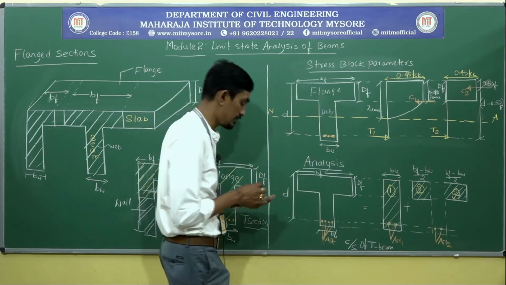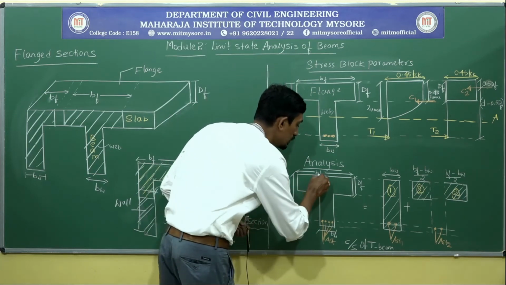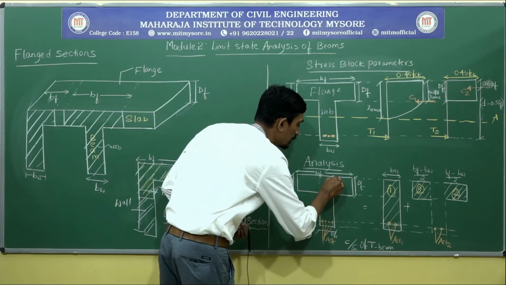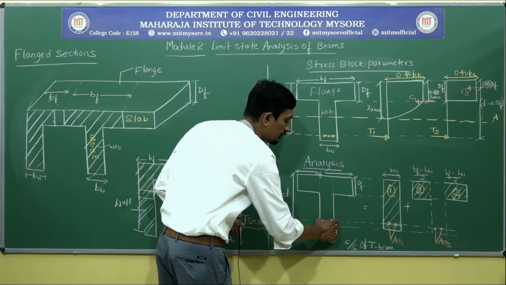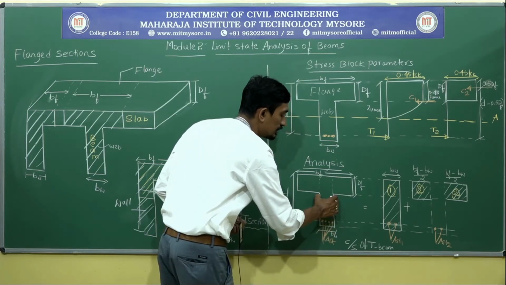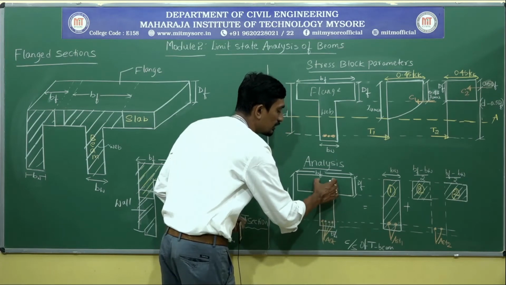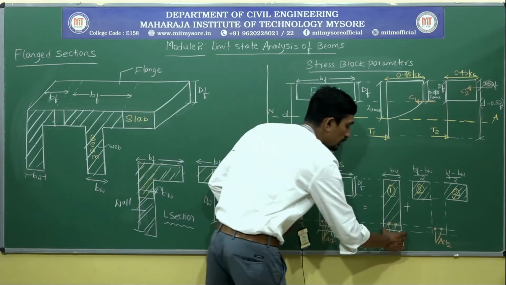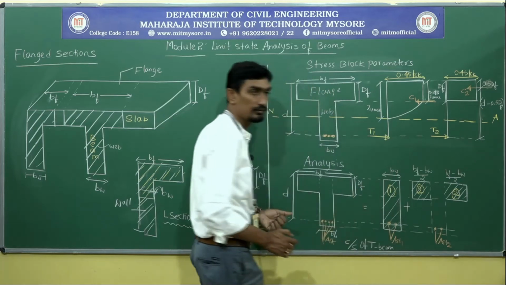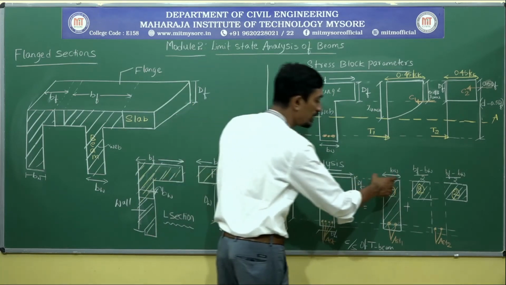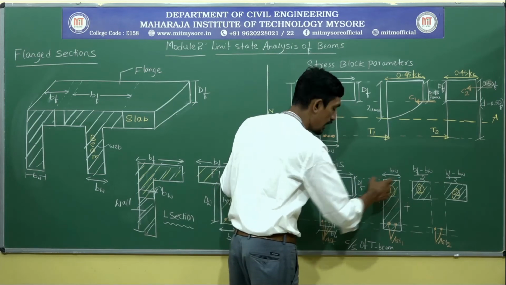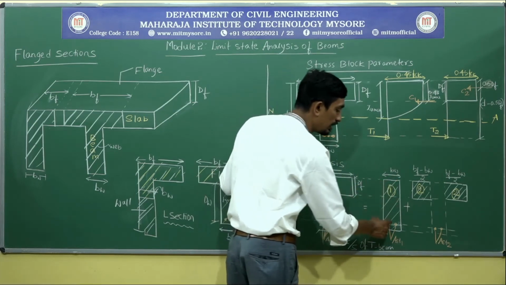You can see here one portion that I am going to treat as a rectangular portion. That means the web portion will be extended till the flanged portion, so that a rectangular section has been drawn. Its width is the same, BW, and it will carry AST1.